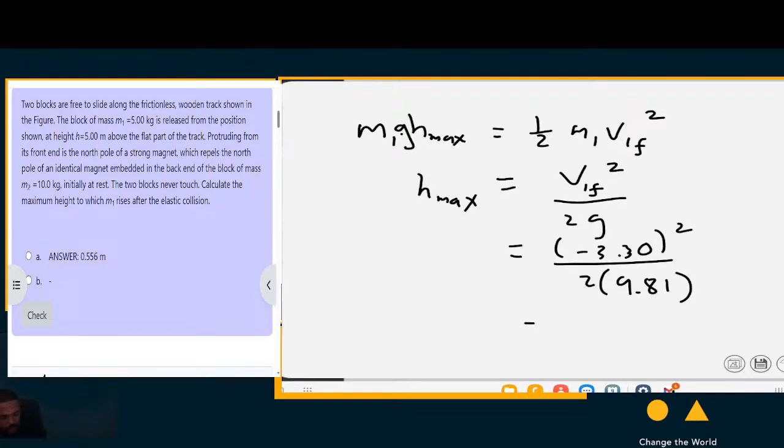And that, ladies and gentlemen, gives us 0.556 meters. That's how high it will bounce back after this elastic collision.